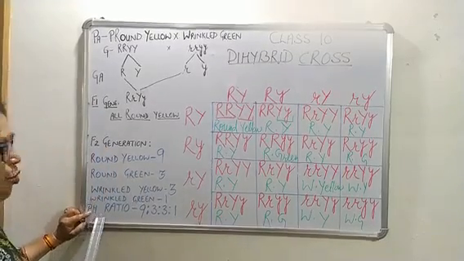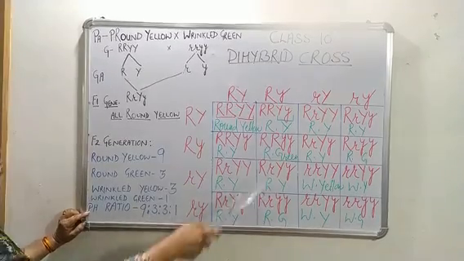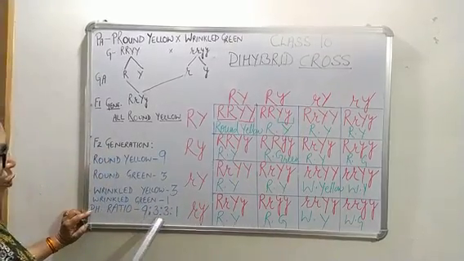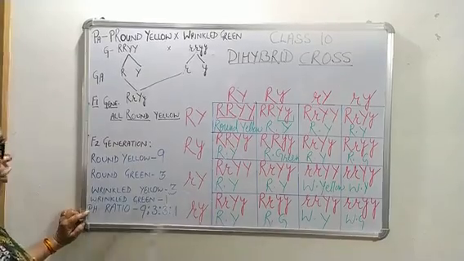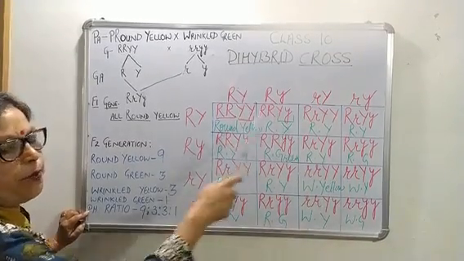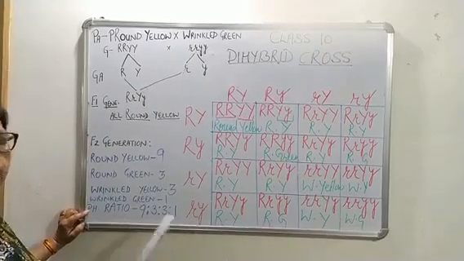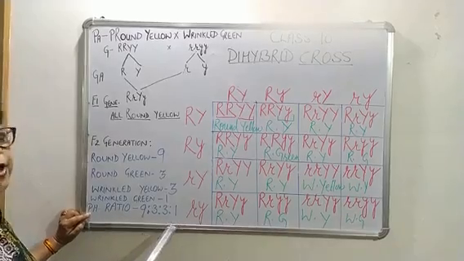So the phenotypic ratio of the F2 generation of a dihybrid cross is 9:3:3:1. And the genotypic ratio is very complicated, very complex, so you don't write this ratio. In the answer also you will write that the genotypic ratio is very complex.